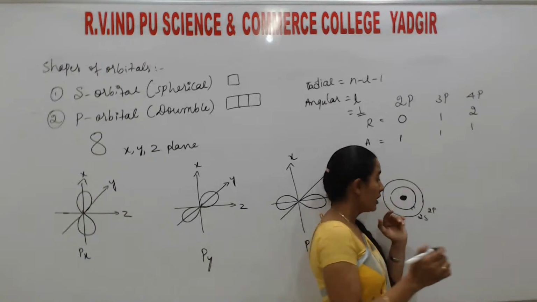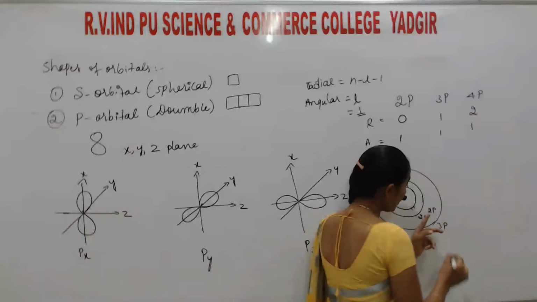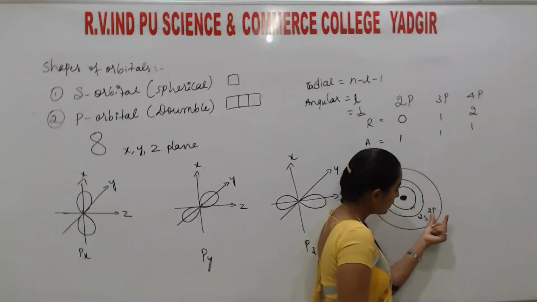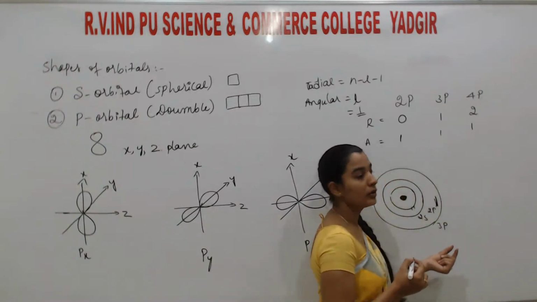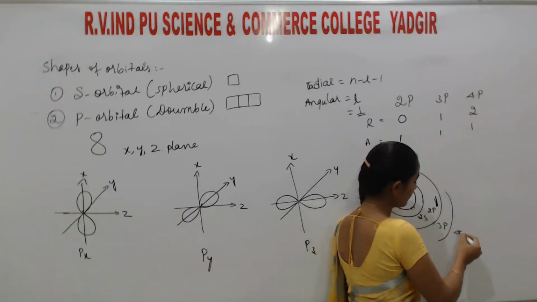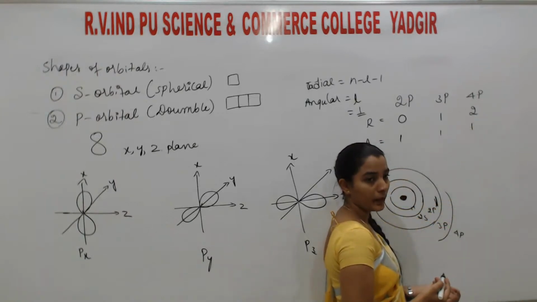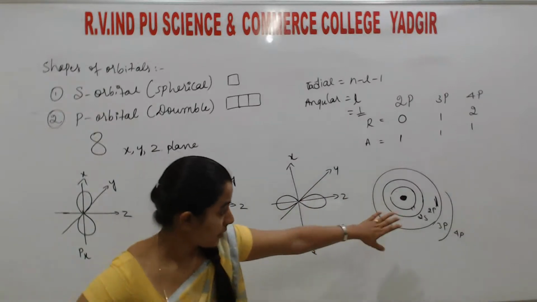If you consider 3p, then of course two orbitals are possible, 3p and 2p. Between 3p and 2p there is a radial node, one radial node. Next, consider 4p: here 1, here 2, two radial nodes. Are you getting it? Okay.